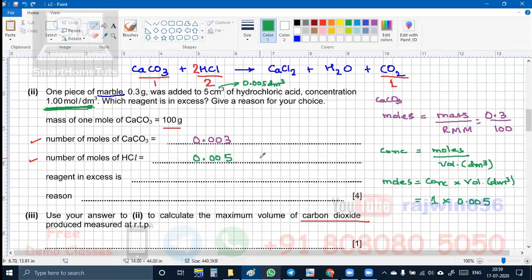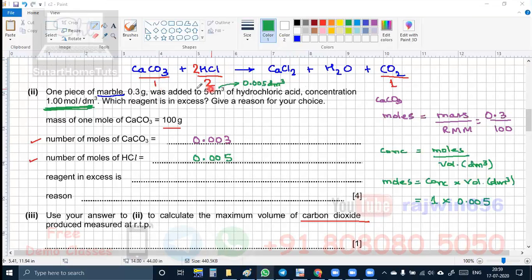Okay. Now, reagent in excess. How are we going to determine this? What we are going to consider is that the mole ratio of CaCO3 and HCl is 1:2. Suppose I am using 0.003 moles of CaCO3, how many moles of HCl will be required for the reaction?